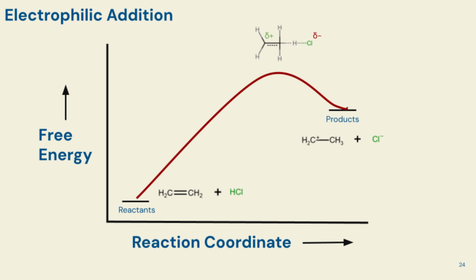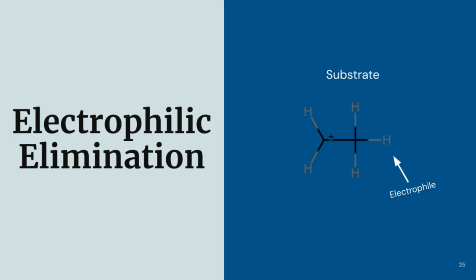These partial bonds are represented by dashes since they have yet to form or break during the reaction, but eventually will. Now we can look at the reversal of our previous reaction, which is electrophilic elimination. Because carbocations are extremely unstable, the reversal of electrophilic addition is performed.